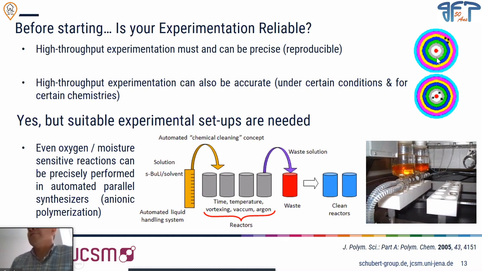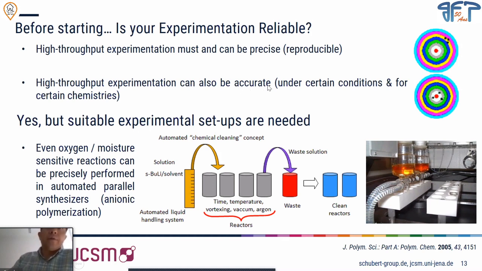Even if it's perhaps far from reality, or far from the way you normally do the experiment in the hood, in a conventional round-bottom flask, for instance, it might be different than the synthesizer, but it's already a good step if it's precise. That means that the results you get while using the same conditions and the same chemistries are the same, all the time. That's precision.